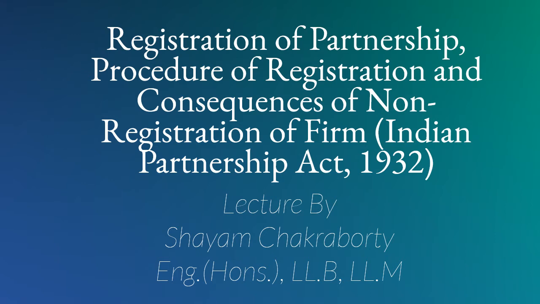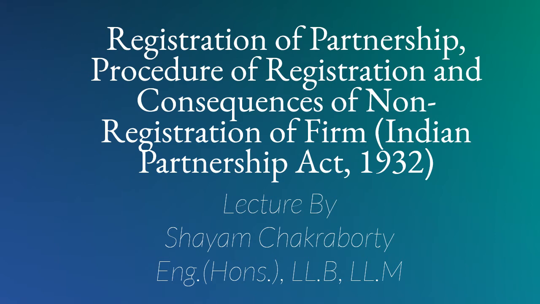So the partnership deed may contain these vital points, which we will discuss now. Number one, it must contain the name of the partnership firm, and then the names of all the partners.